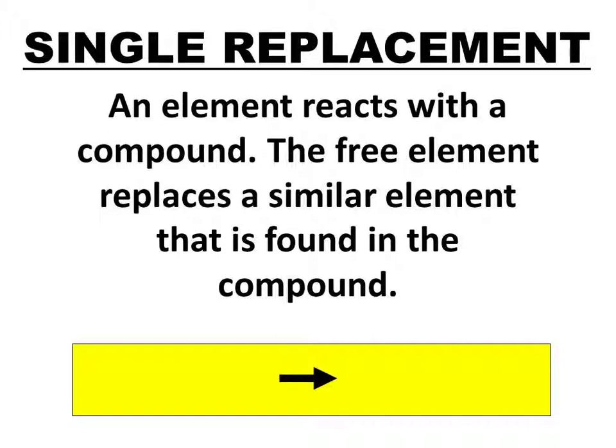The third type of reaction is single replacement. In a single replacement, you're basically replacing a free element, and you basically swap. And if I have, here's A. A is my free element, and I have another compound, BX.